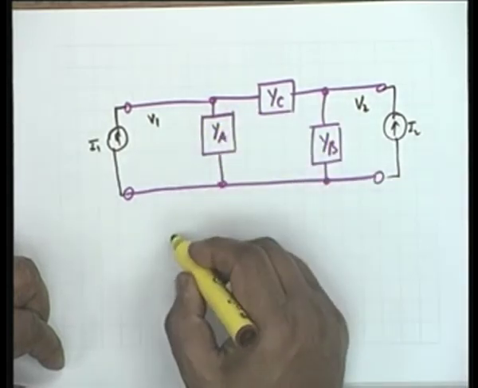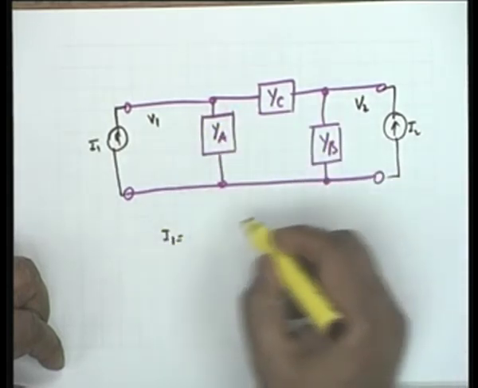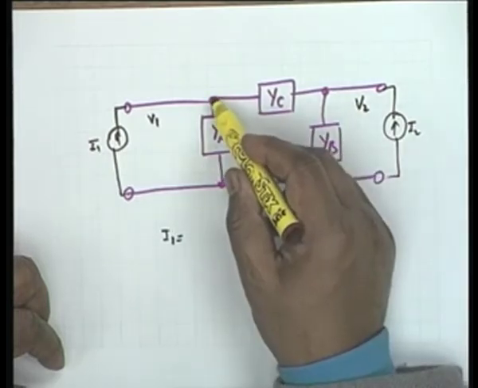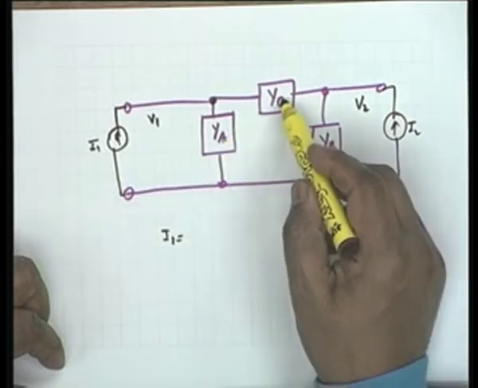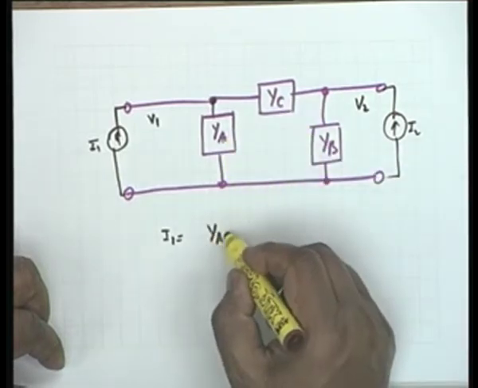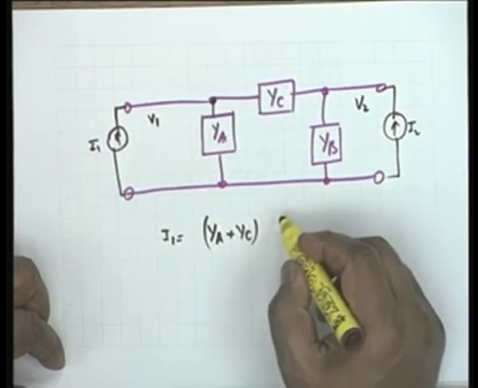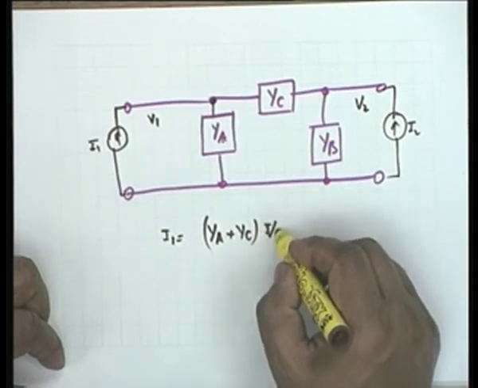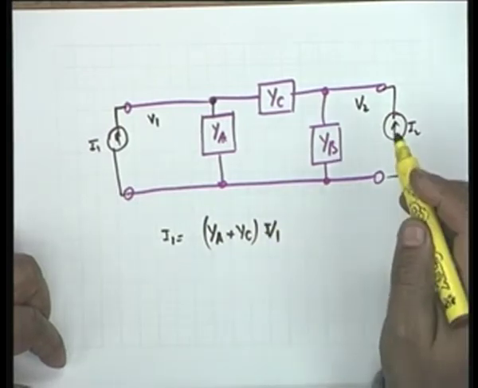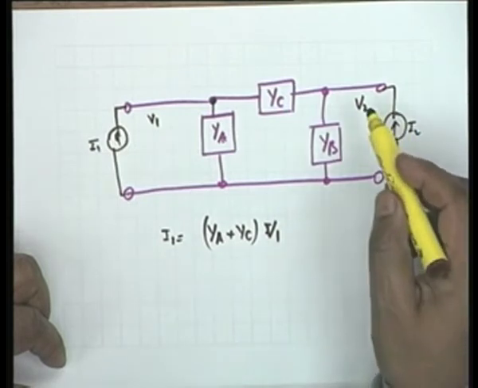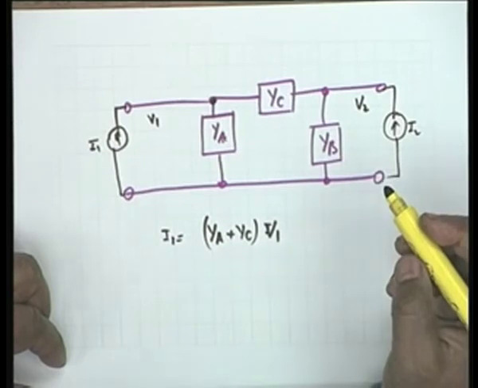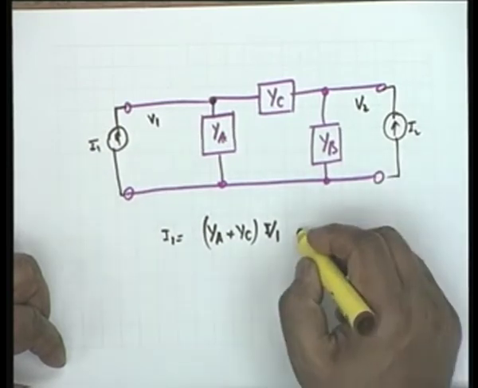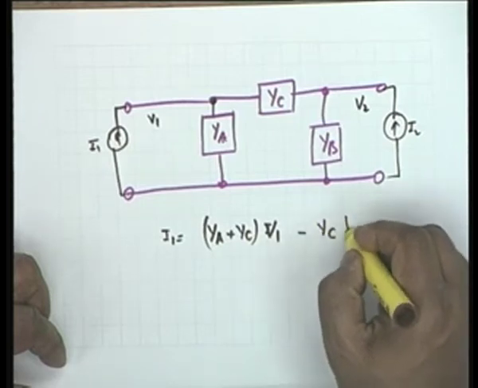And you see I1 therefore is equal to, what is the self admittance of this node? Sum of all the admittances, that is YA plus YC. So YA plus YC multiplied by V1, then the mutual admittance is the admittance connected between nodes 1 and 2, and that is YC, which will come with a negative sign, minus YC times V2.